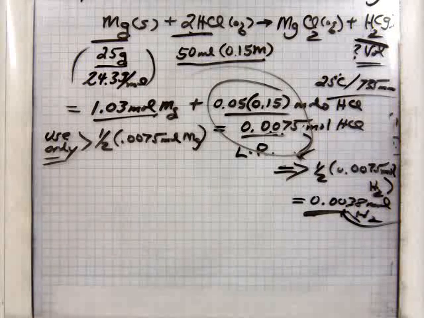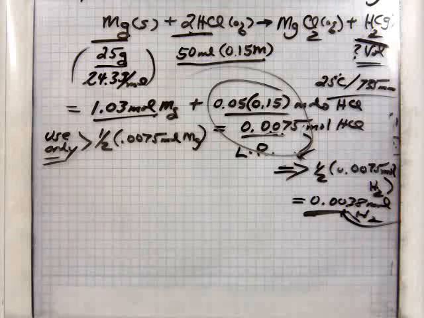Now, what is that volume? If you take that number times 22.4, what you obtain is the volume of H2 at standard conditions. It is not at 25 and 730 millimeters here.